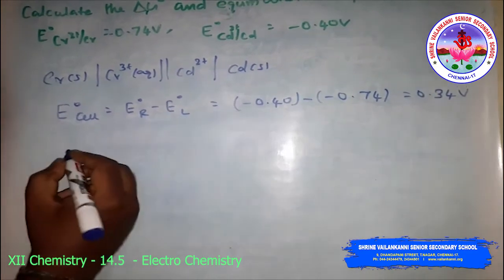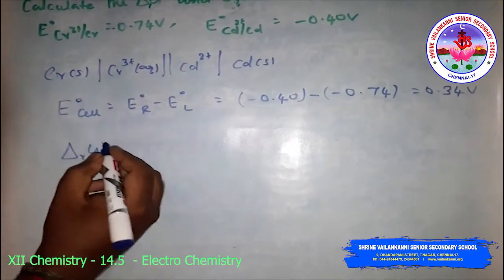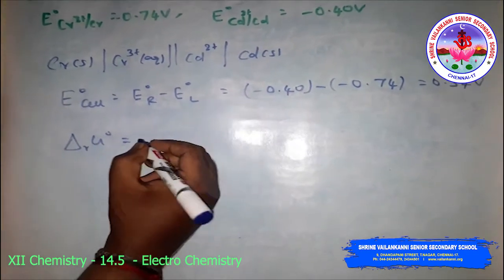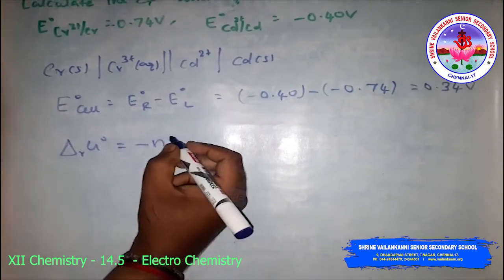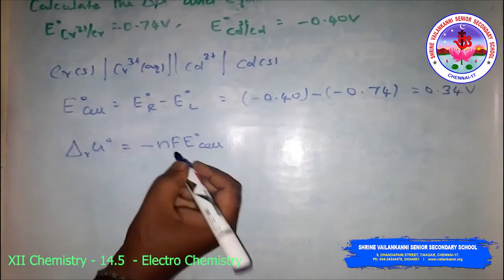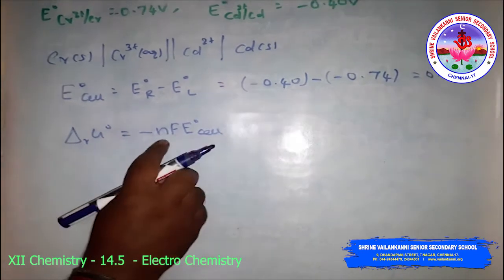Then the formula is, for a reaction, Gibbs free energy delta G naught is equal to minus nF E naught cell. Here F is the Faraday value, n is the number of electrons.